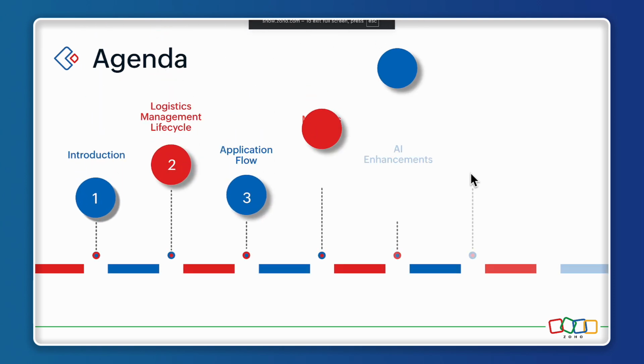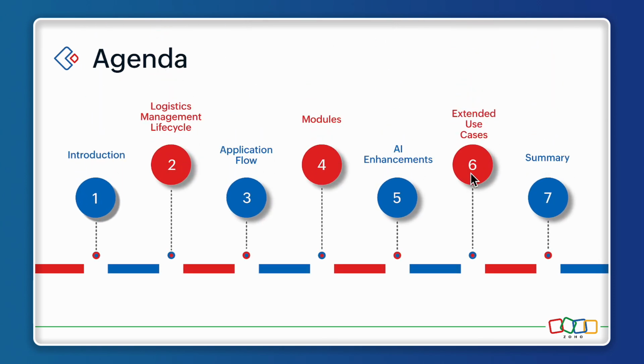So let us understand the agenda for our webinar. We will have a quick introduction to the logistic industry, followed by the logistic management entire life cycle, and then the application flow. Once we understand the logistic industry, we will see how we have incorporated the different processes involved in logistics within the Zoho Creator application.